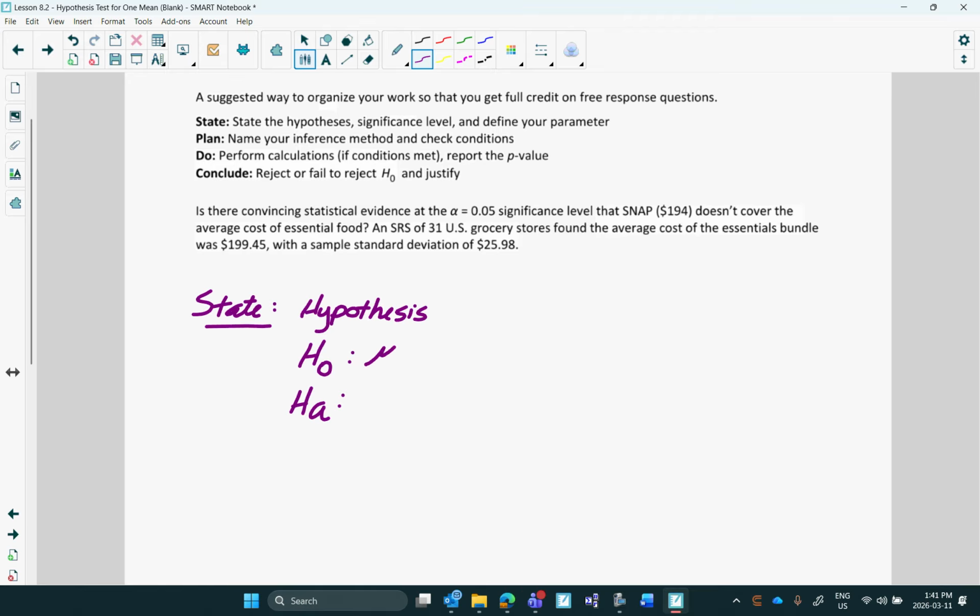So remember, we said, okay, we're going to assume, no, everything's fine. The cost for the SNAP benefits, it's fine. But we are trying to find convincing evidence of, no, it's greater. And then, of course, you have to define what mu is. It's the true mean price of the essential bundle.